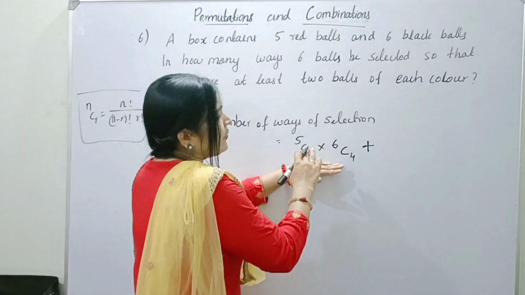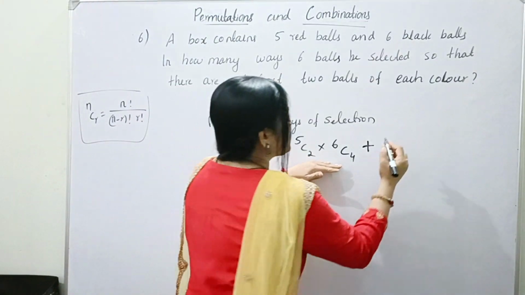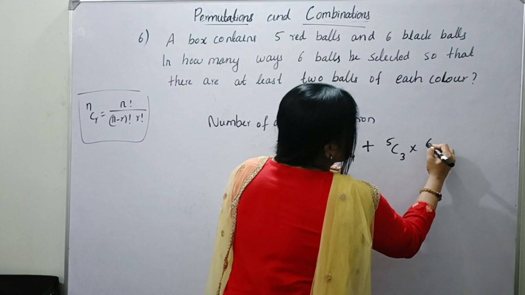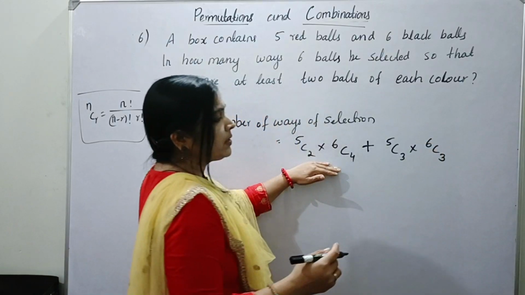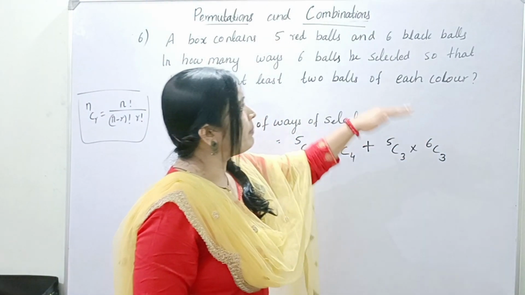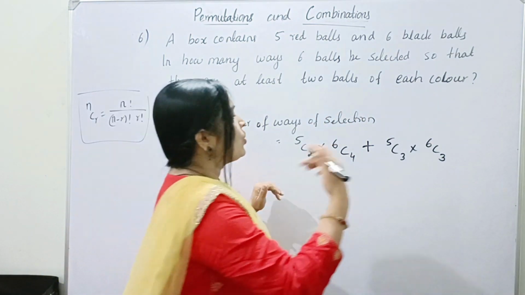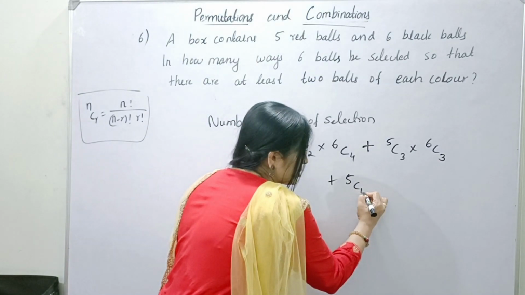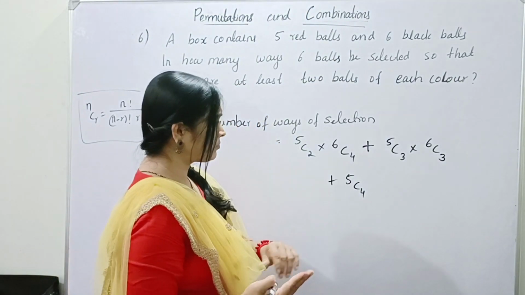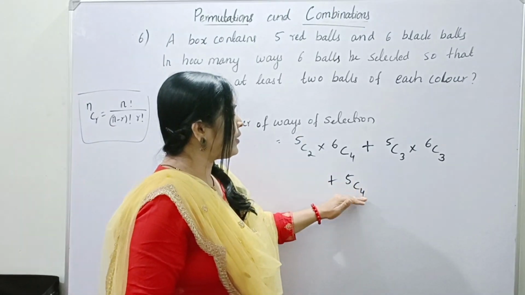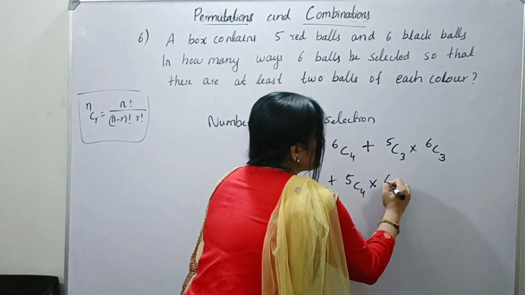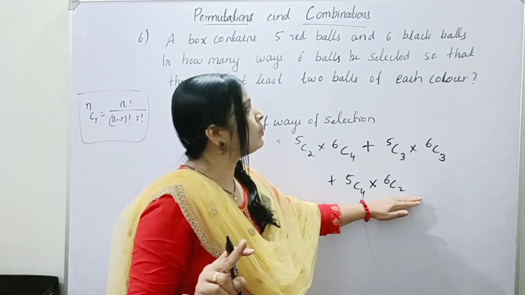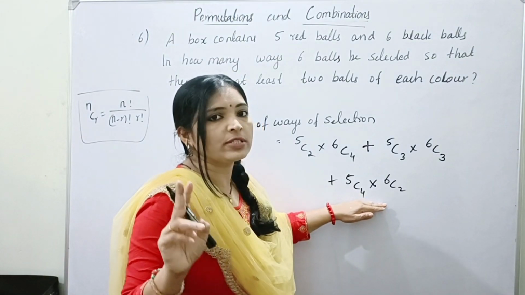If we select 3 red balls, 5C3, then 6C3, we select 3 black balls out of 6 black balls. One more combination: we can select 4 red balls, because at least 2, that is greater than or equal to 2. So 5C4 into 6C2, right? If we select 4 red balls, then we have to select 2 black balls, because in total we have to select 6 balls.